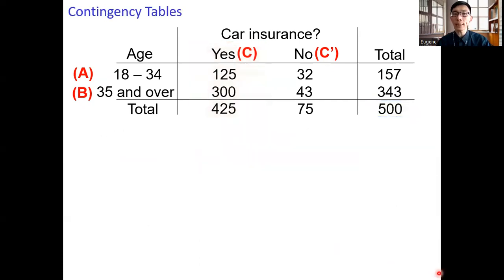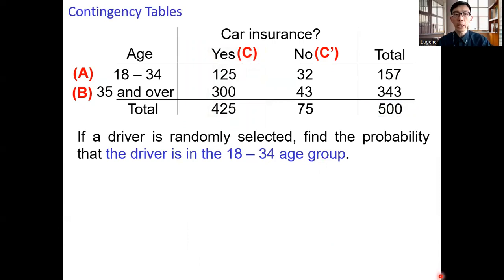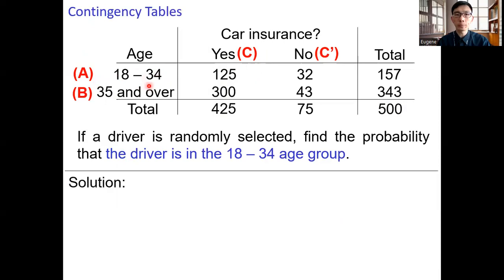Let's take a look at another example. If a driver is randomly selected, find the probability that the driver is in the 18 to 34 age group. So now we are interested in event A, the drivers between age 18 and 34. So here we need to get the probability of A equals the number of drivers in this age range divided by the sample size.